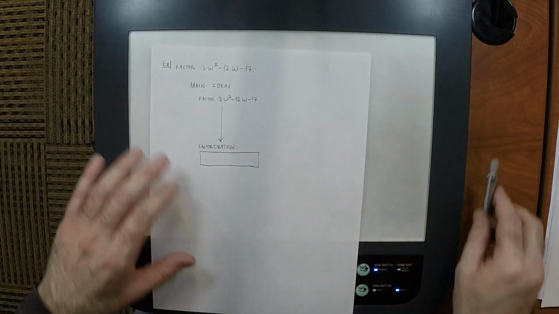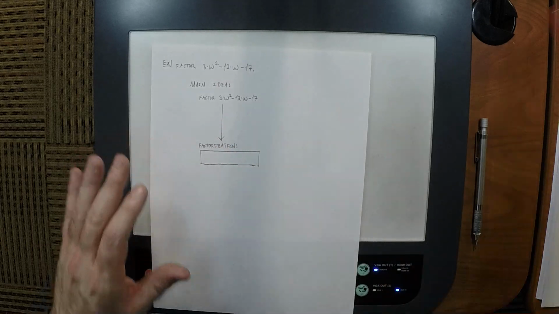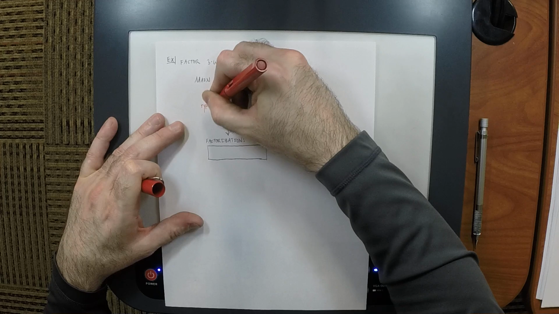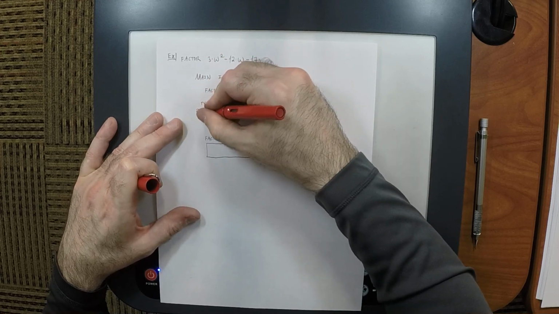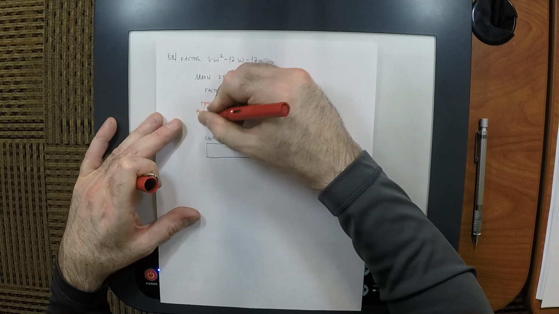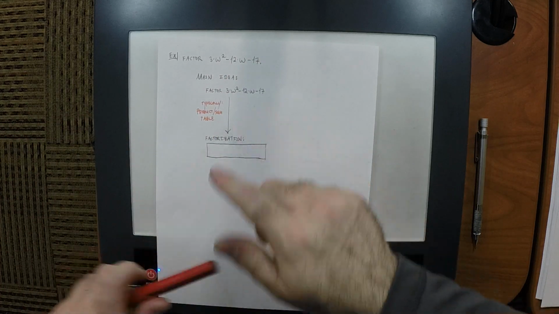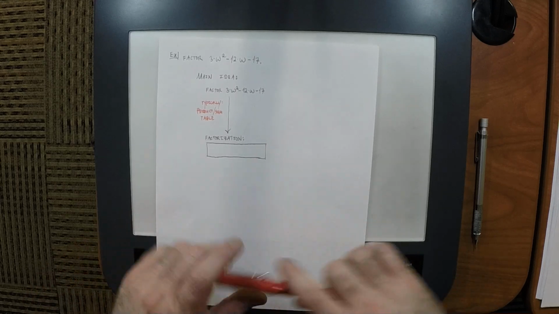Now, typically, before, when we were doing this kind of thing, the way that we did this is we did the product sum table, where you're looking for two numbers whose product is this and whose sum is that. But that's not going to work for this one.